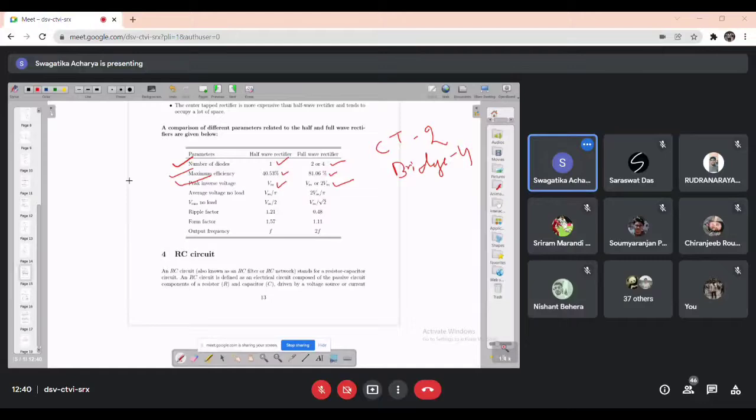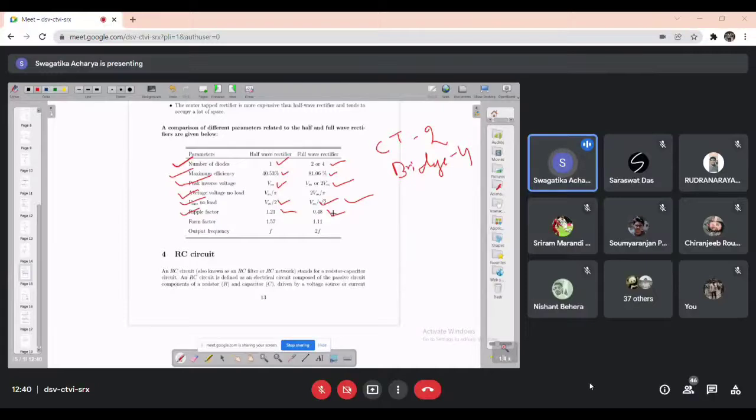Average voltage with no load is Vm by pi and 2 Vm by pi. Same RMS you will get Vm by 2 or Vm by root 2. Ripple factor will be 1.21 for half wave rectifier, 0.48 for full wave rectifier.